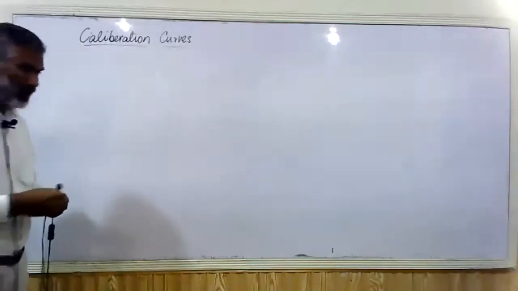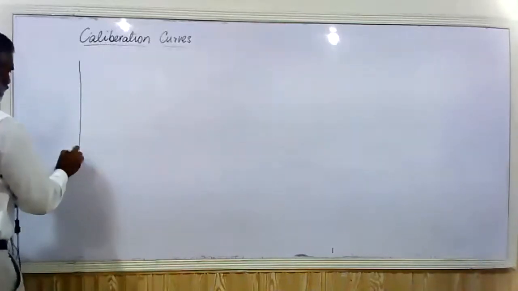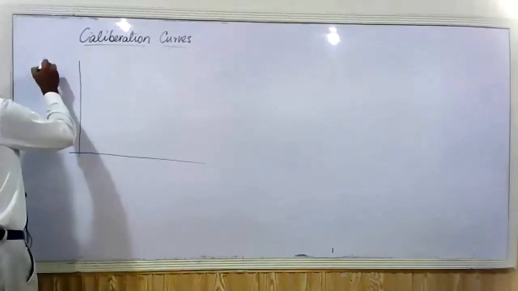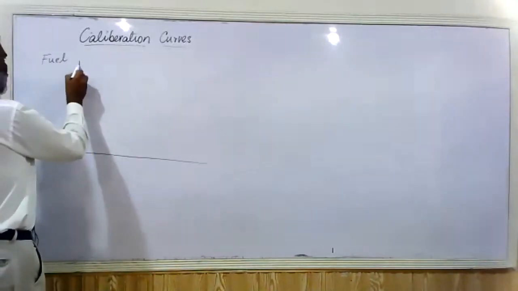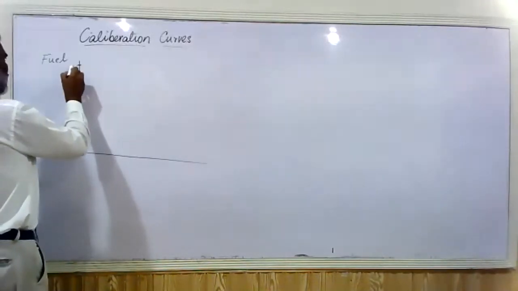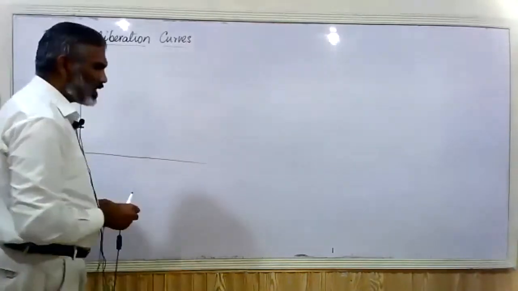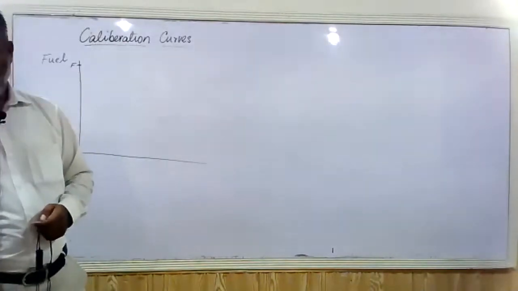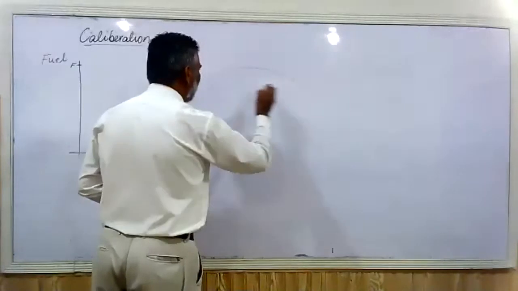One example that I discussed was the study of the fuel in the tank. This is fuel in the tank, and this is where the tank is full. So let's say this is full, F. And we are studying what happens to the angle of deflection of the pointer.